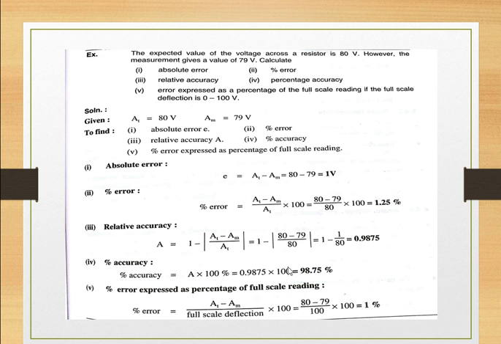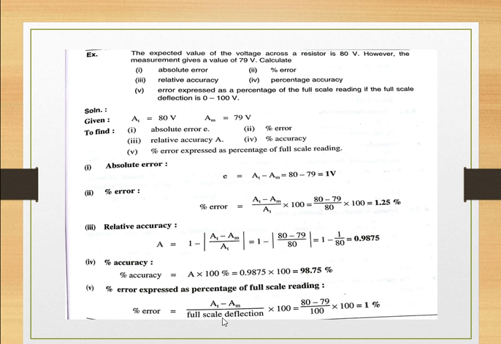Okay, now the last point, point number 5, is very important. Here, error expressed as a percentage of the full scale reading, if the full scale deflection is 0 to 100 volt. So here we have to calculate the percent error expressed as a percentage of full scale reading. Full scale deflection is 0 to 100 volt, which means it is 100 volt, and it is nothing but (80 minus Am) divided by full scale deflection.